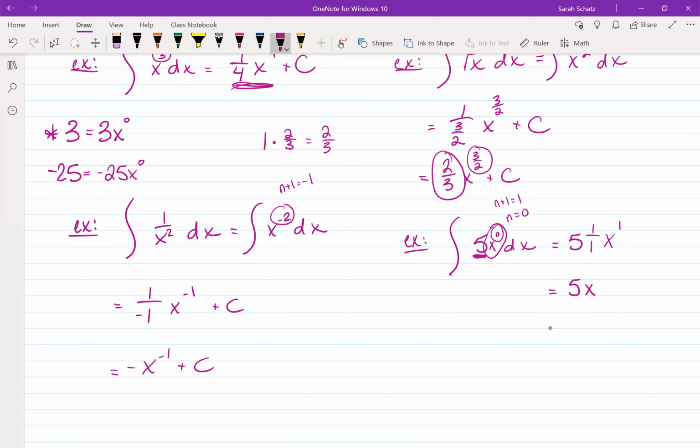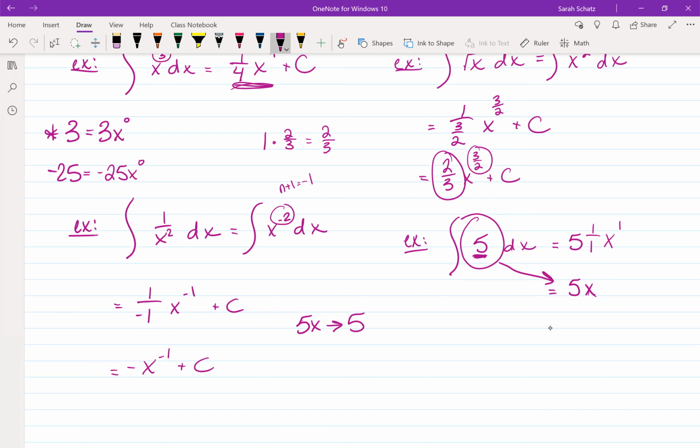What I want you to think of, because sometimes you don't want to have to put in x to the 0 when it's not really there and use the power rule, is this: if you have a constant and you're taking the antiderivative, all that's going to happen is you're going to add an x to it. Because think about going the other way. If you started with 5x and you took the derivative, you always just get 5, right?